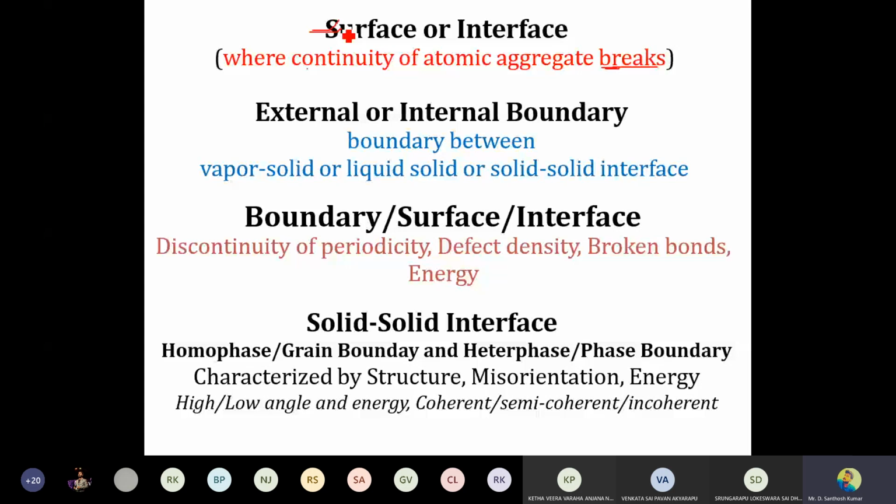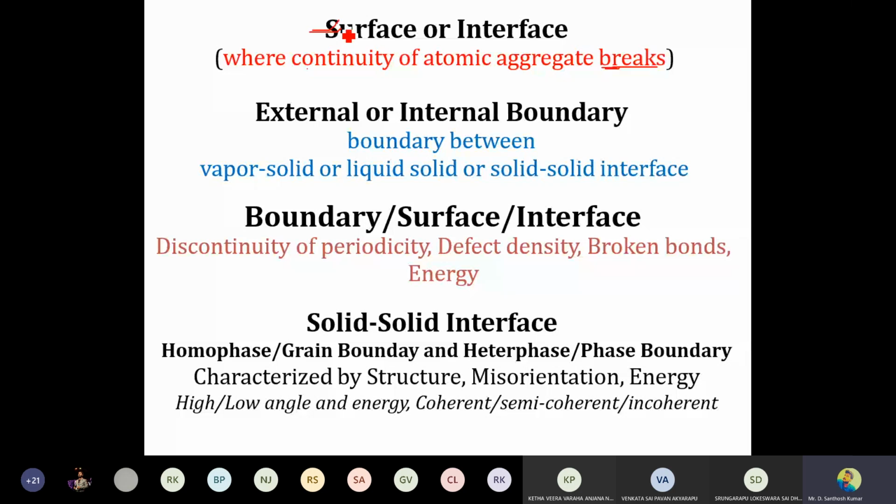Surfaces can exist even inside the solid, which we do not get to see with the naked eye, because the solid is probably opaque, so we can't easily visualize any surfaces that arise inside it. But that is also possible.